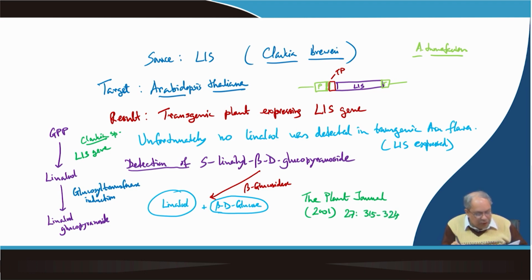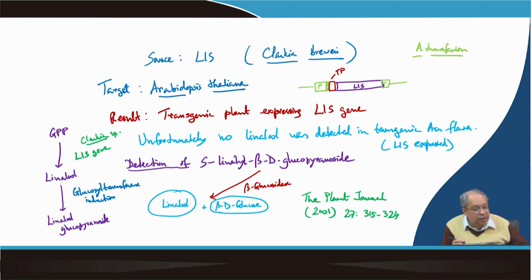What the authors have written is that linalool produced by the plant in various tissues is not present as free linalool, but is efficiently converted to non-volatile linalyl glucopyranoside by the action of endogenous glucosyl transferase. So, as I said, this is induced. The results demonstrated that monoterpene production can be altered by genetic modification, and that the compound produced can be converted by endogenous enzyme activity.